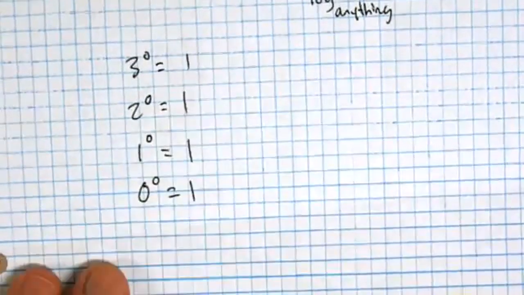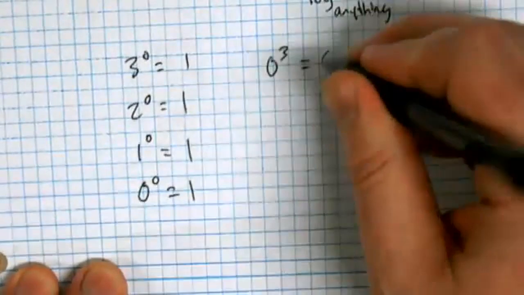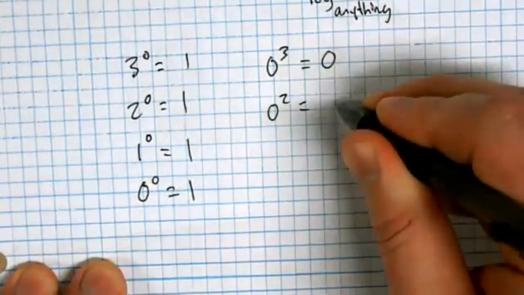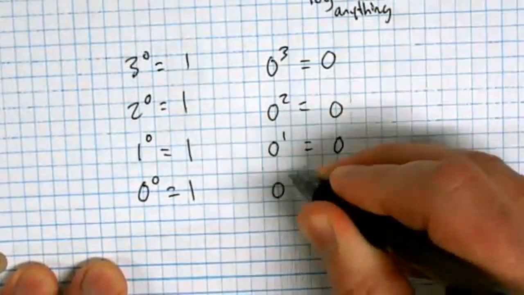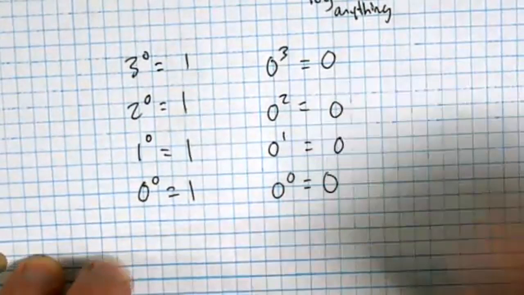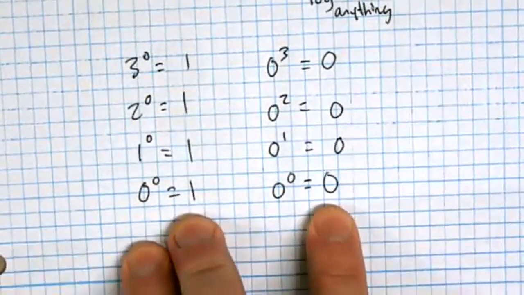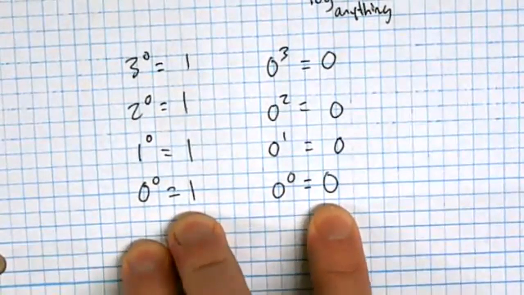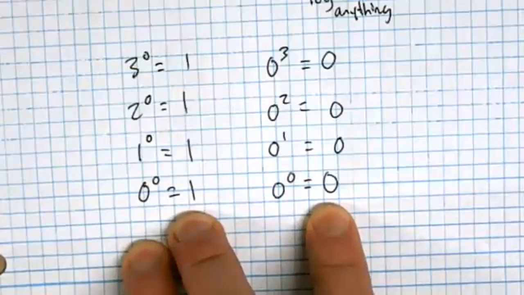But here's the problem. 0 to the 3rd power is 0, and 0 squared is 0. 0 to the 1st is 0. So by that logic, 0 to the 0th power would be equal to 0. So we can hold these two patterns in our heads at the same time, but we're getting two different answers for it. And we don't like that. We could compromise and go with a half, I like that.